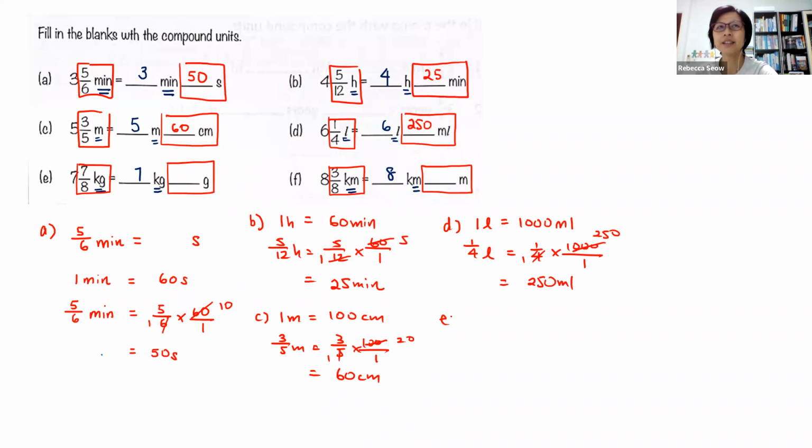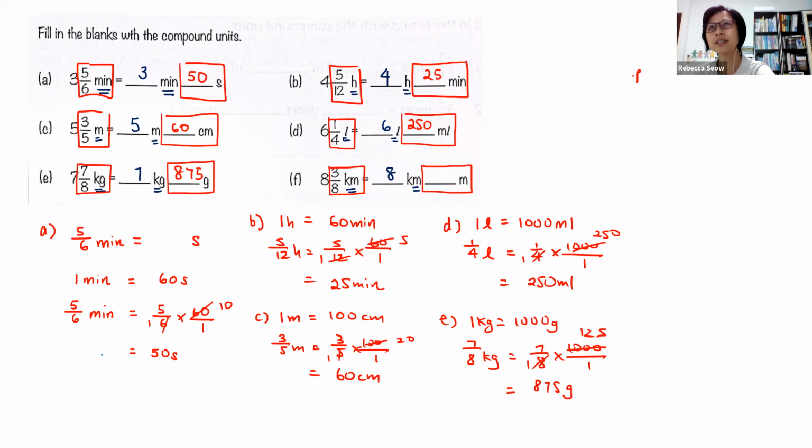For E, kg to grams, 1 kg equals 1,000 grams. 7 out of 8 kg would give us 7 out of 8 multiplied by 1,000. You'll get 875 grams. Finally, let's take a look at kilometers to meters.